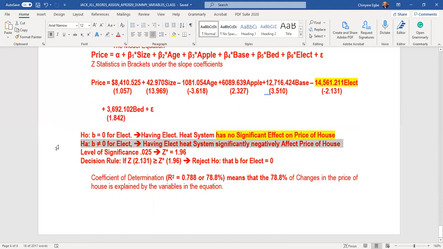Because you have two choices here. If you reject the null hypothesis, that means you conclude that the alternate hypothesis is true. That is to say that having electrical systems significantly negatively affects the price of the house. That is your conclusion. And you can use this to answer all the other questions.